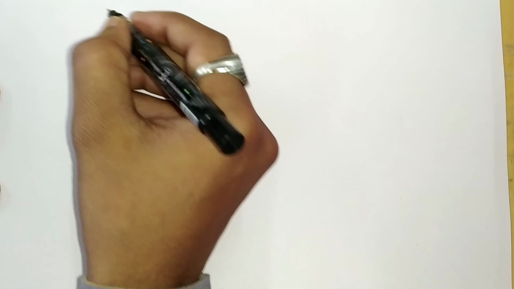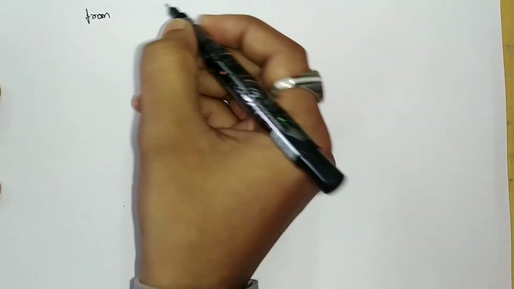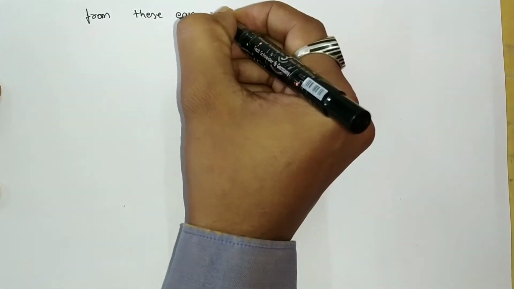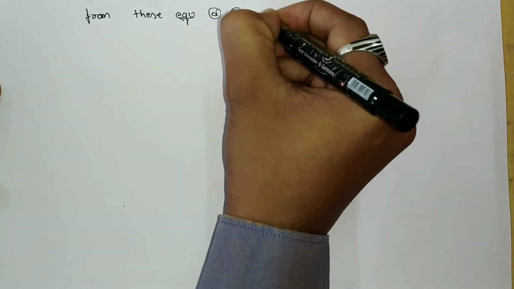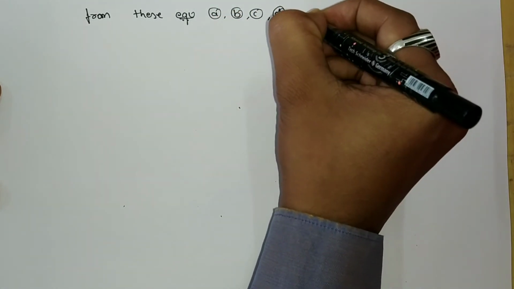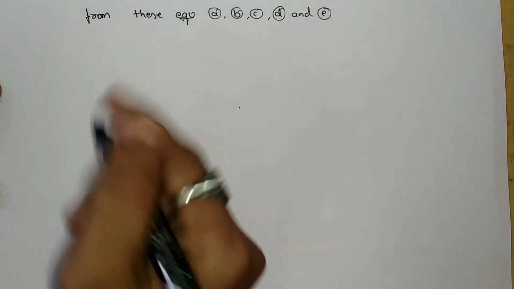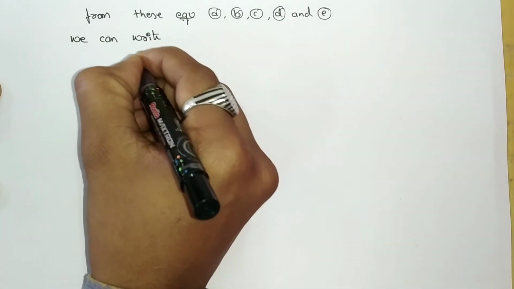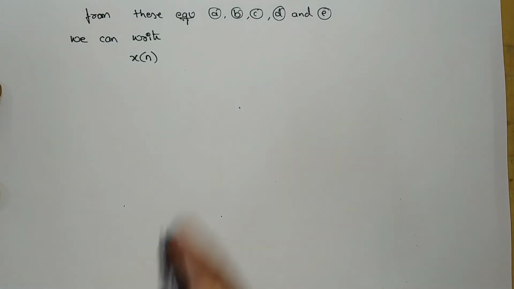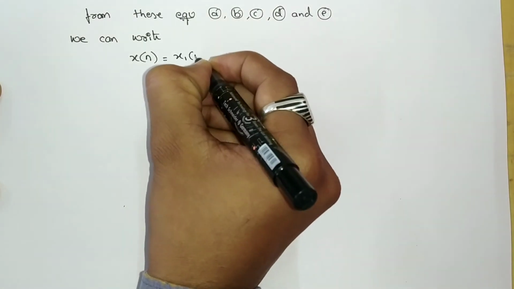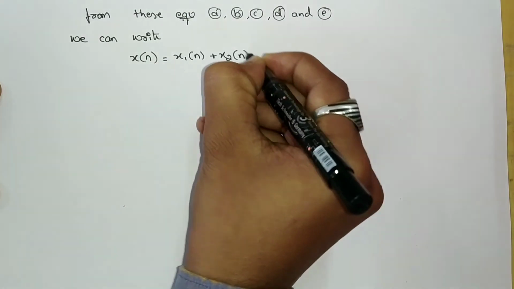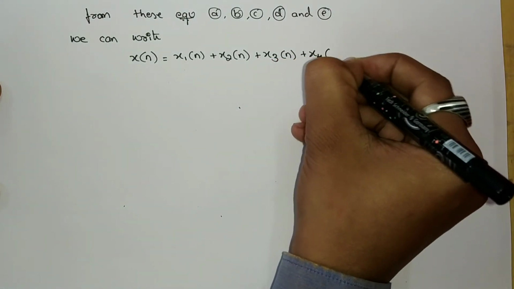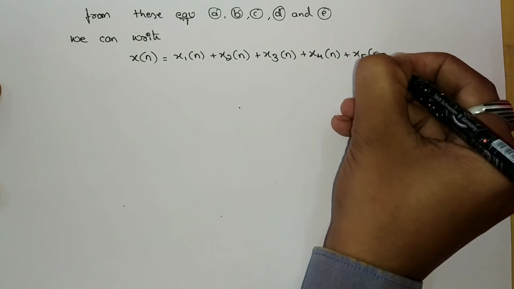From these 5 equations, these equations A, B, C, D and E, we can write x of n as x of n is equal to x1 of n plus x2 of n plus x3 of n plus x4 of n plus x5 of n.